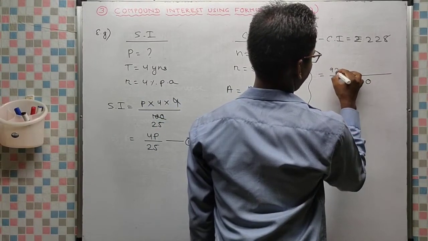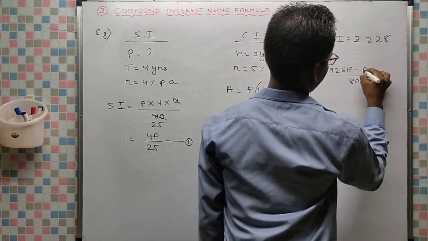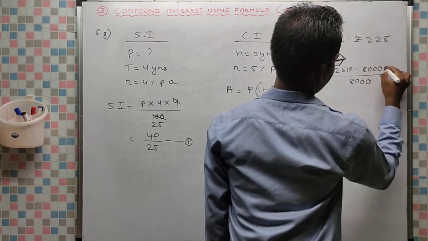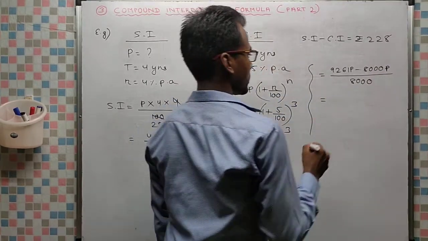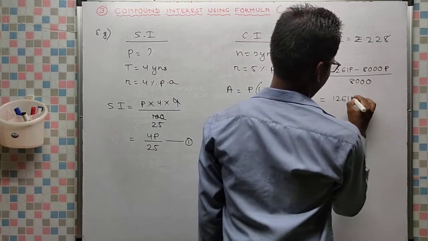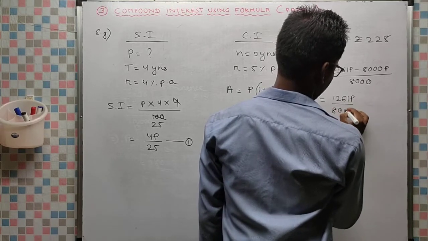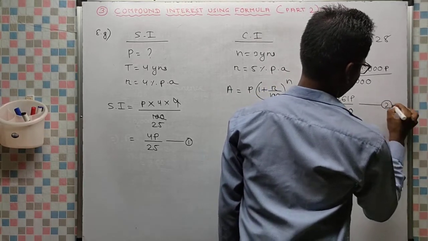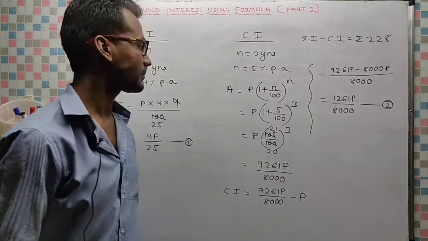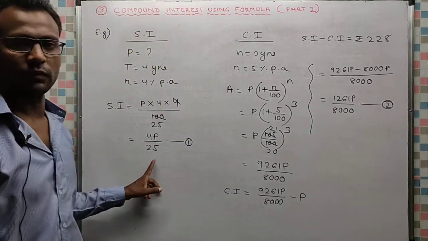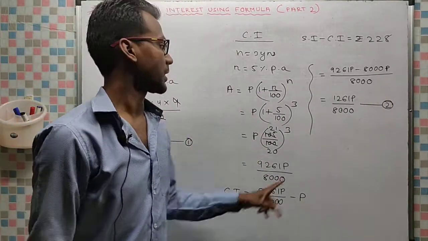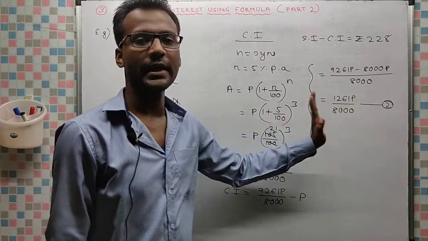So 9261 P minus 8000 P, which is equal to 1261 P by 8000. Simple interest is 4P by 25. Compound interest is 1261 P by 8000.